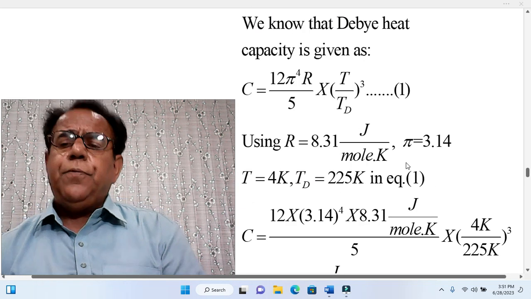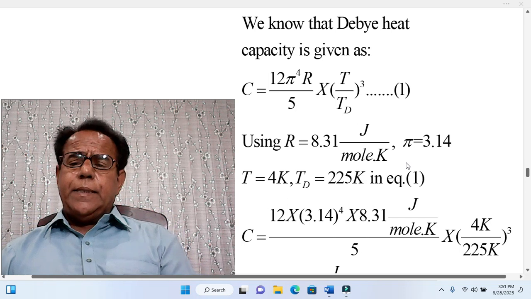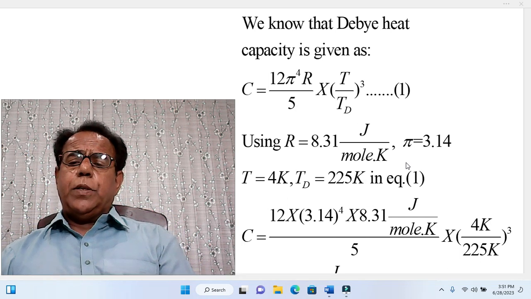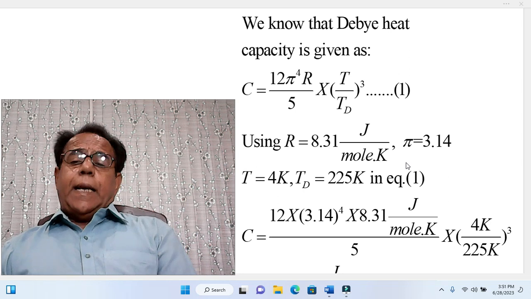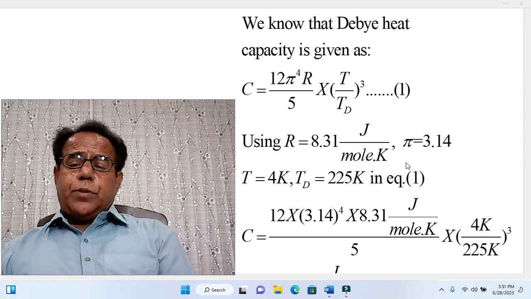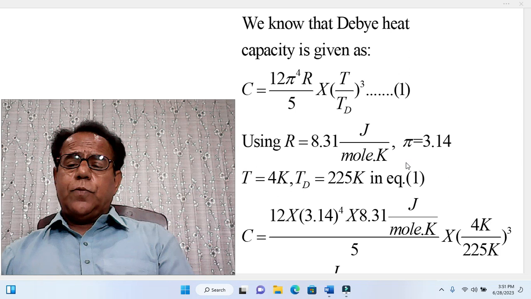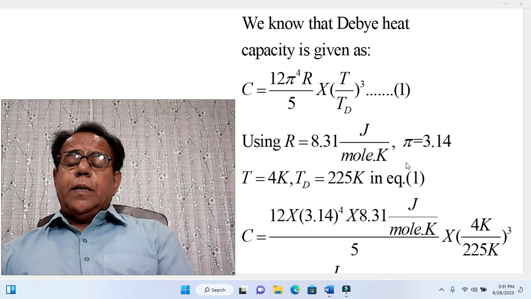We know that Debye heat capacity is given as C equal to 12 pi raised to the power 4 into universal gas constant R over 5 into temperature T over Debye temperature TD, raised to the power 3, equation number 1.